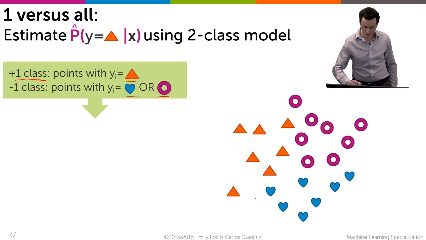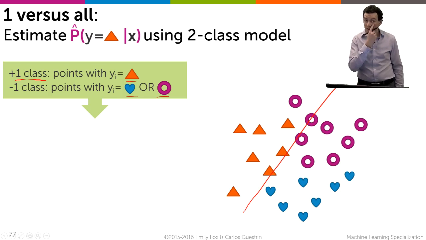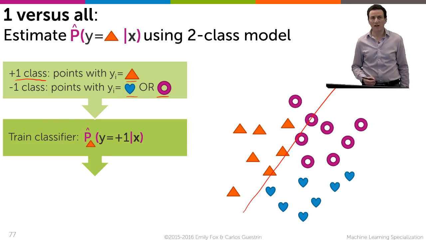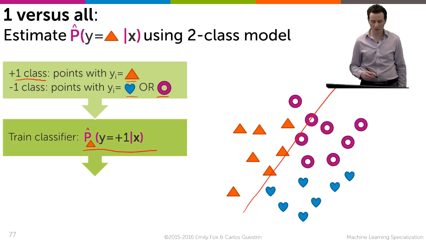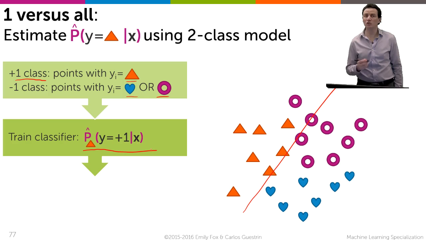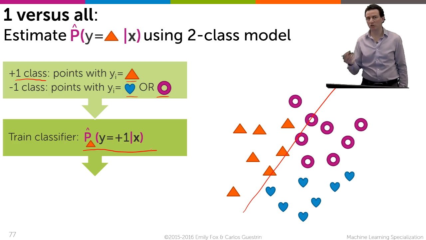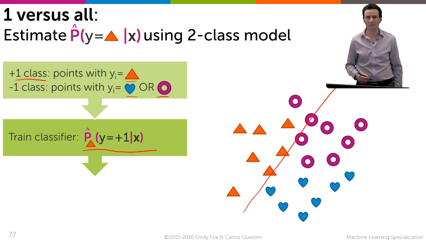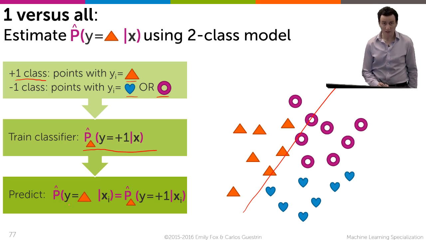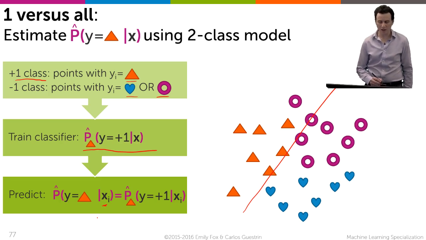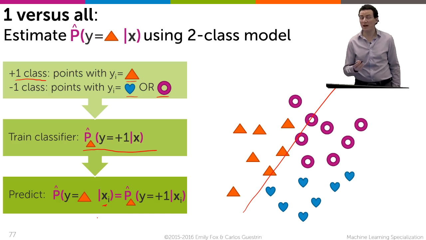And what you're trying to do is learn a classifier that separates most of the triangles from the hearts and the donuts. So in particular, we're going to train a classifier that I'm going to denote by p hat of triangle, which outputs +1 if the input x is more likely to be a triangle than everything else, donut or heart. And then the way that we estimate the probability that an input xi is a triangle is just by saying it's p hat of triangle with y equals +1. So in our picture on the right, here's what our classifier is going to do.